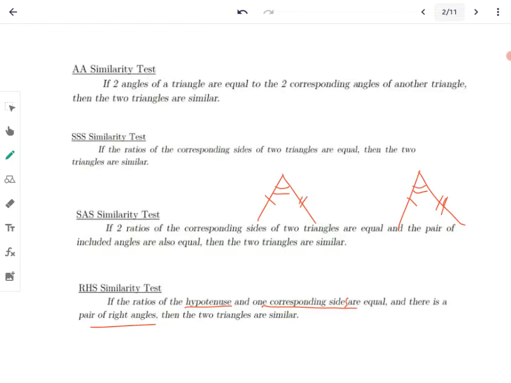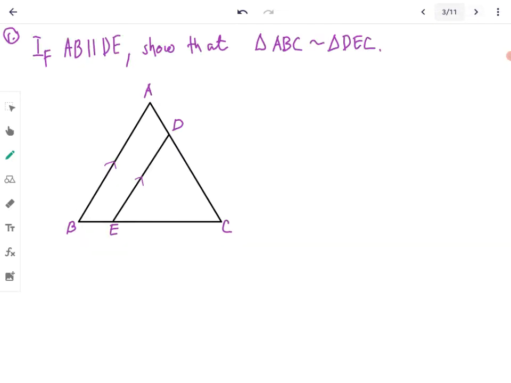So let's try proving some triangles and show their similarity. Number 1 here is that we have triangle ABC, and a smaller triangle DEC. The given premise is that AB is parallel to DE. The arrows symbolize parallelism.